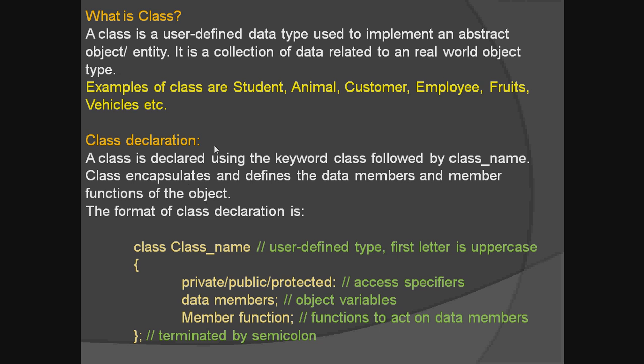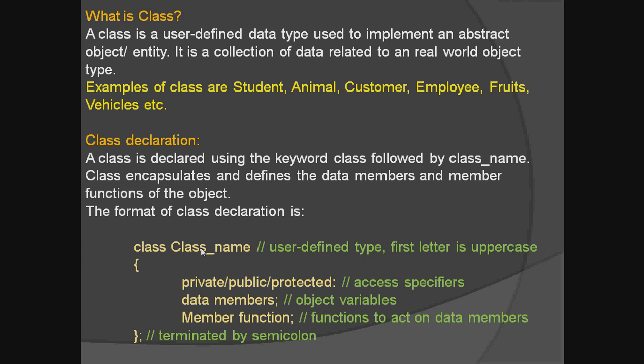Now the format for the class declaration is, you can see, class and then the class name. This class is a keyword and the class name is the user-defined data type. Since a class name is a user-defined data type, it can sometimes be mistaken for a variable.